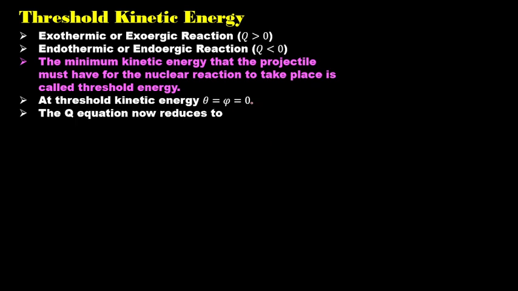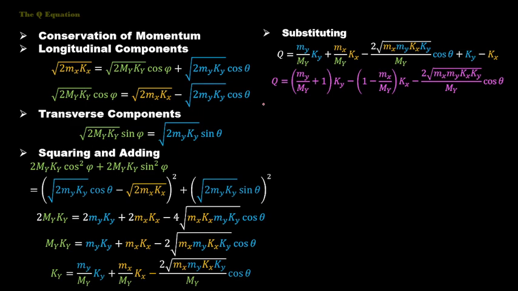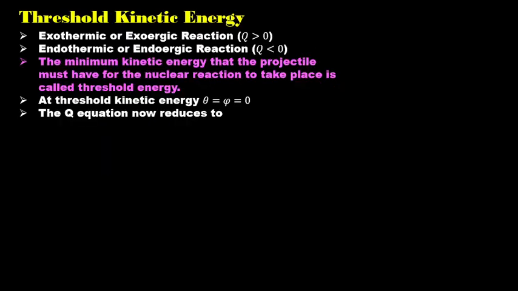We substitute theta and phi equal to 0 in the Q value equation we have just derived. This is the Q equation where we substitute theta equal to 0 and get this equation.